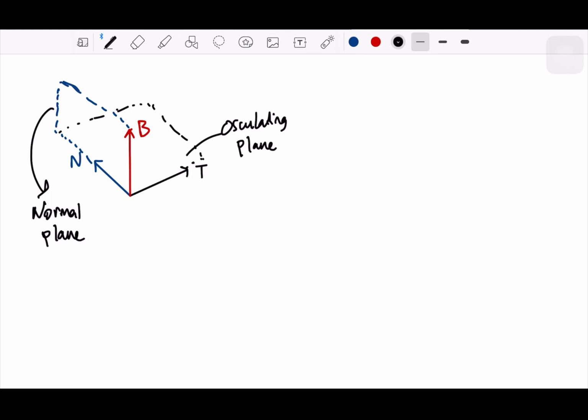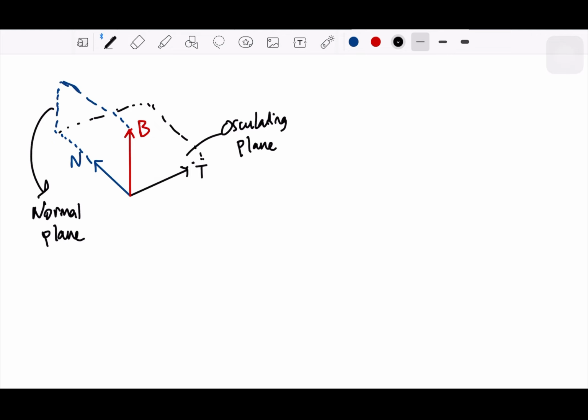And the osculating plane, okay. Well, we can say the osculating plane will be the orthogonal part of the normal plane. Or if you see the name osculating, it's actually translated to kissing or touching the point. Or you can say that it's the plane that is containing the curve.